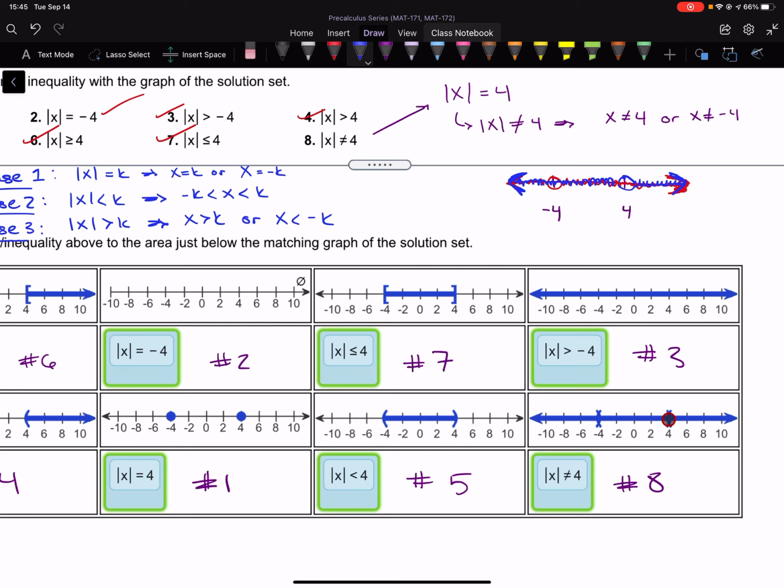So not including 4, that interval would look like from negative infinity to 4, and then we union from 4 to positive infinity. So you really just need to indicate at 4 somehow that it's not included. And we do the same thing over here, only this one's going to be from negative infinity to negative 4, union from negative 4 to positive infinity. So that's why that looks kind of funky there.